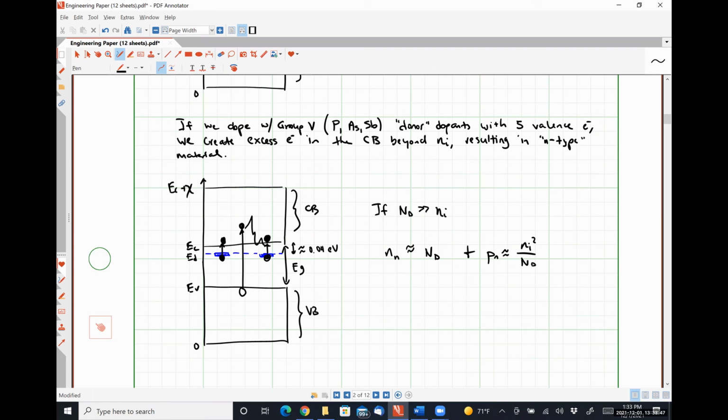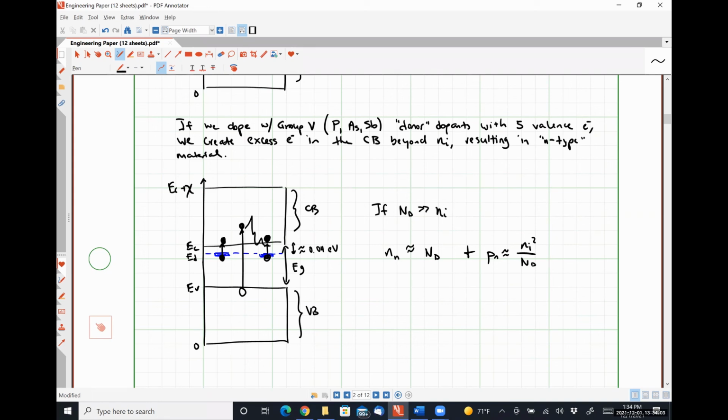Okay. So we're talking about 20 impurities for every million silicon atoms or thereabouts. So it's still largely going to behave like bulk silicon from a crystalline standpoint.